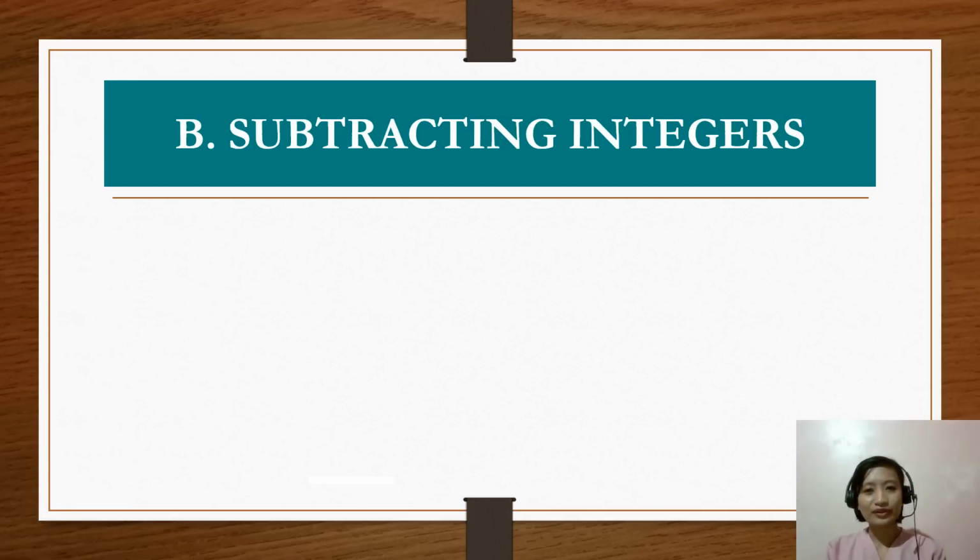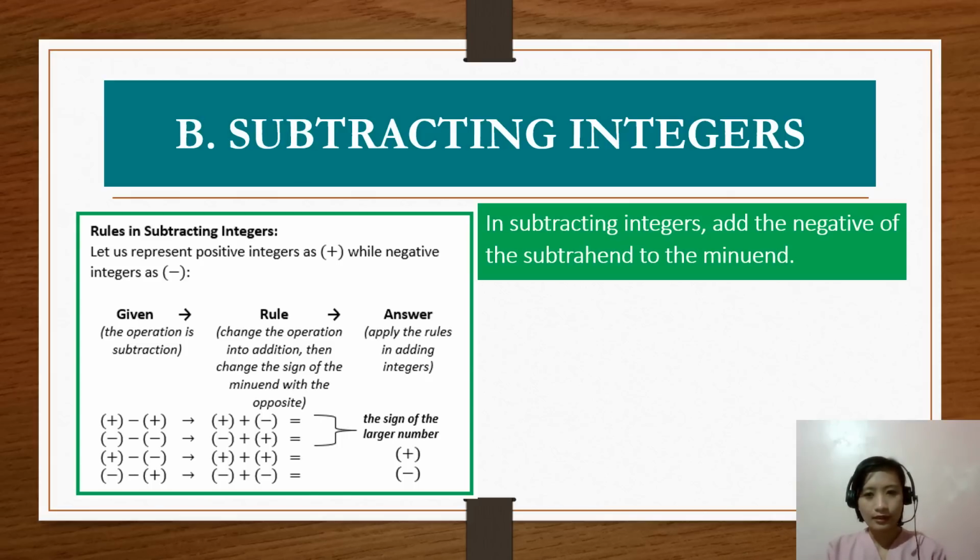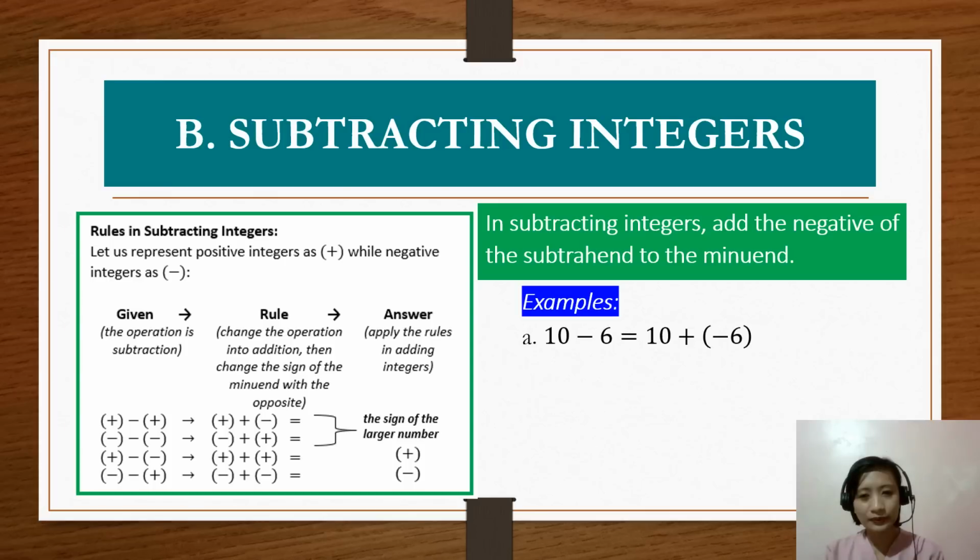Let us continue with the rule in subtracting integers. In subtracting integers, we follow this rule: add the negative of the subtrahend to the minuend. For example, 10 minus 6 is equal to 10 plus negative 6.